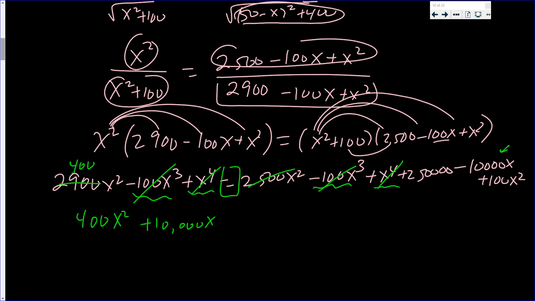Oh, so I brought that over, plus the 100x squared. When I bring it over, it becomes minus 100. So I only have 300x squared on the left side. And that's dead. And then I bring over 250,000, and this equals 0.